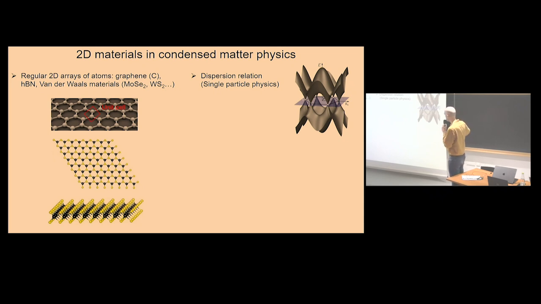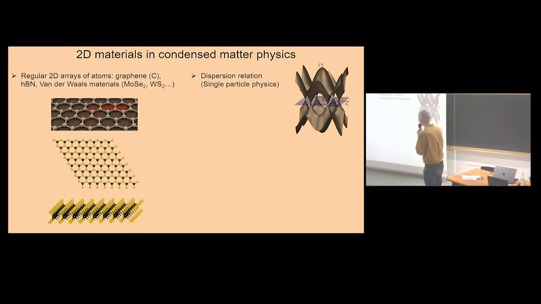They plot here the energies as a function of the wave vectors. Many of the very interesting properties of graphene are related to the fact that at this point in the Brillouin zone, the bands touch. Graphene is a semi-metal, okay? And due to this band touching point and the linear dispersion, graphene has lots of properties.